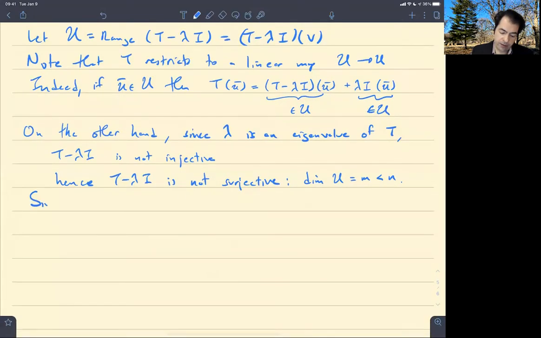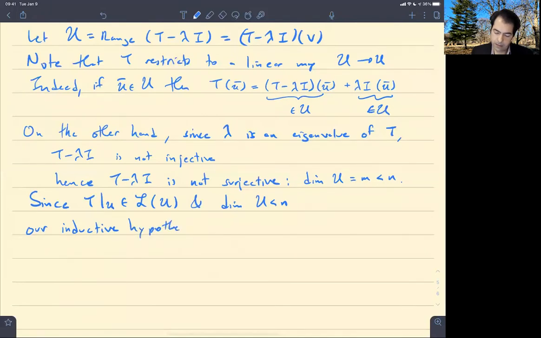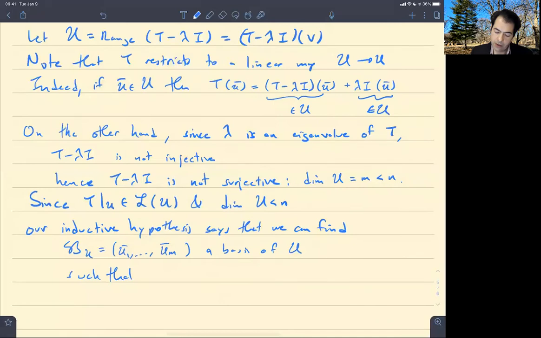Okay, well now we're in good shape to use our inductive hypothesis. So we have T restricted to U is a linear map from U to itself, and the dimension of U is less than N. Our inductive hypothesis says that we can find a basis, call it B sub U, so little u1 up through little um, such that T of little uj is contained in the span of little u1 through little uj for all j, right?